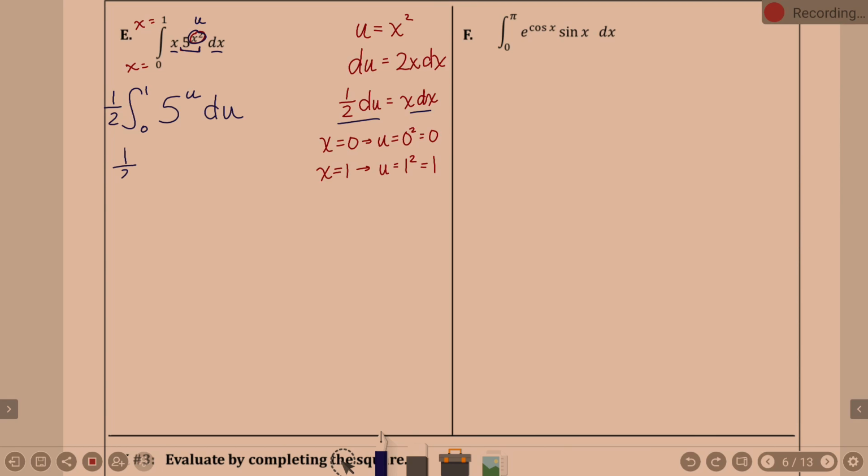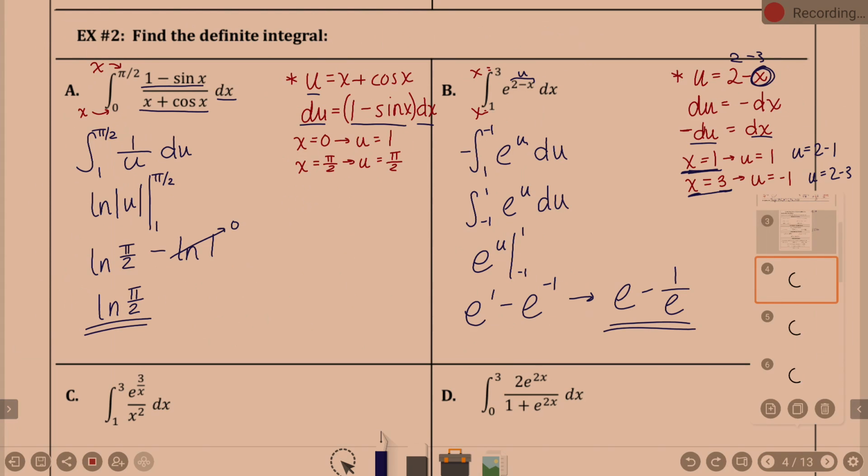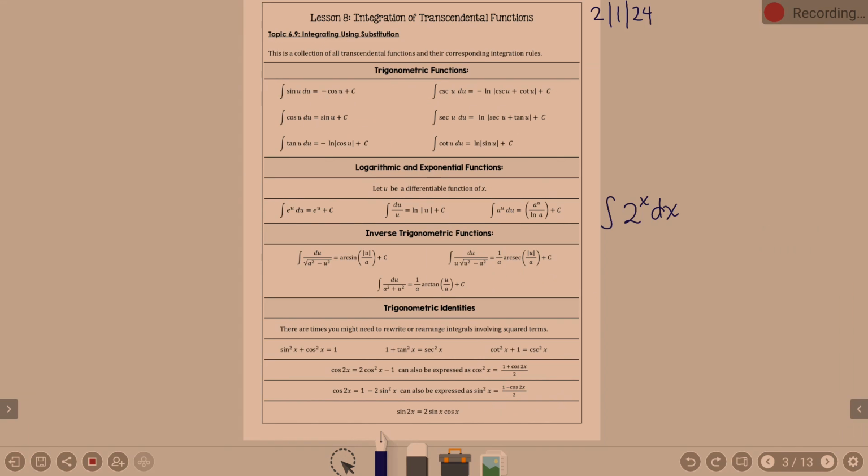The 1/2 is out front. I believe the very first page of these notes has the integral right here, guys. This is like integrating 2 to the x. The integral of a to the u is a to the u over ln a, in this case 2 to the x over ln 2. This was our example we talked about yesterday, right?